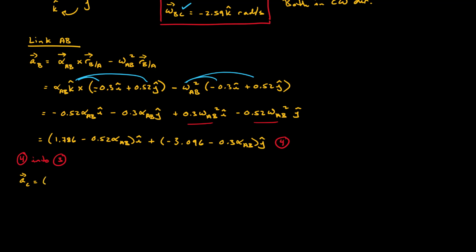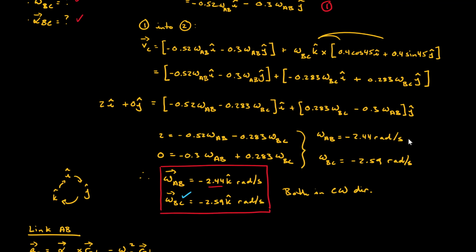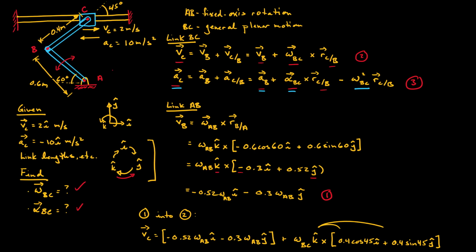So that's just 1.786 minus 0.52 alpha AB in the i direction minus 3.096 minus 0.3 alpha AB in the j direction, plus, and now we're going to have that relative acceleration of C with respect to B. So we have the tangential component, alpha BC, assumed in the positive k direction, crossed with the position vector of C with respect to B. So recall the position vector, C with respect to B. We're going to go 0.4 cosine 45 to the right and 0.4 sine 45 upwards.